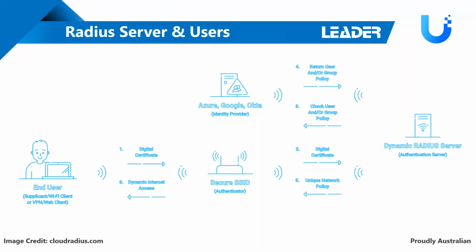The other primary reason we use it on Ubiquiti is we want to be able to take users out of the default network and put them into a specific VLAN. So each VLAN obviously functions as its own unique network.